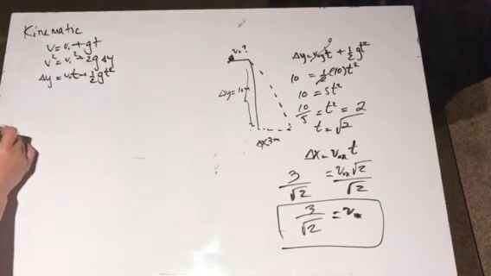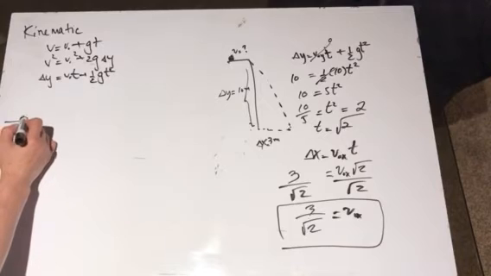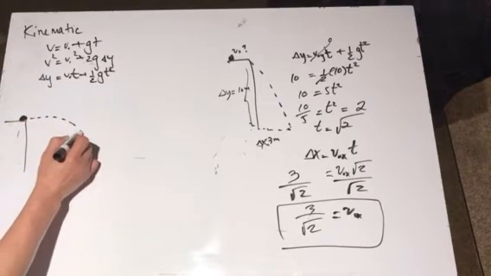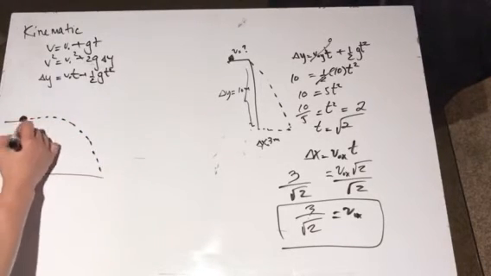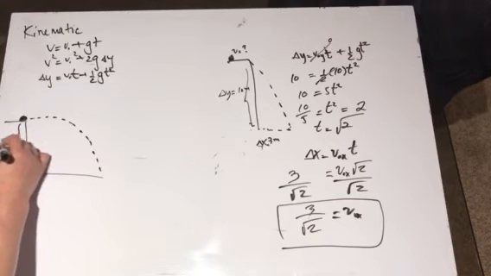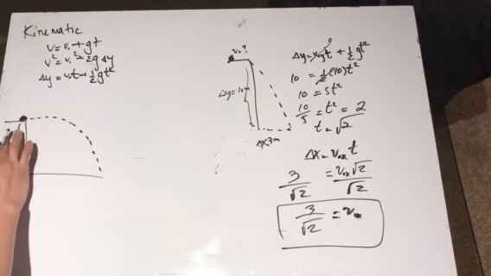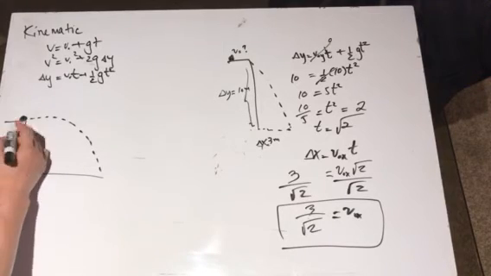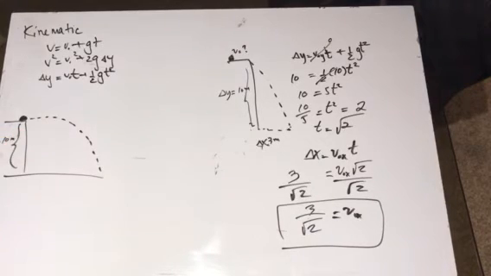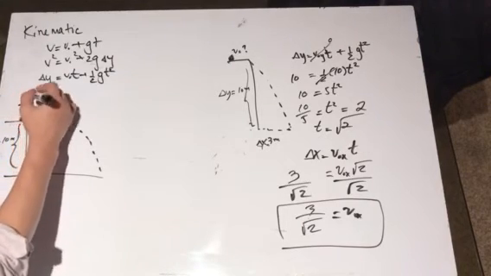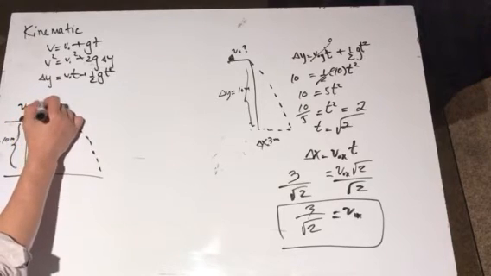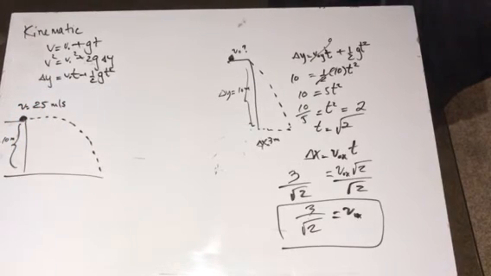So the question says a ball is thrown horizontally off a cliff which is 10 meters in height, with initial speed 25 meters per second.